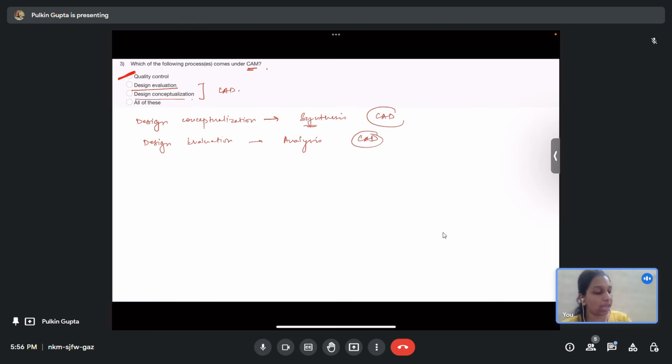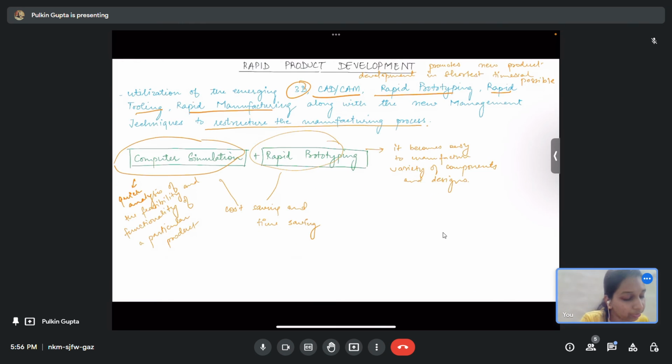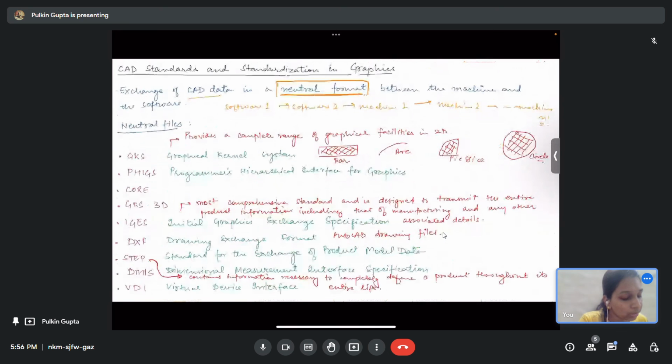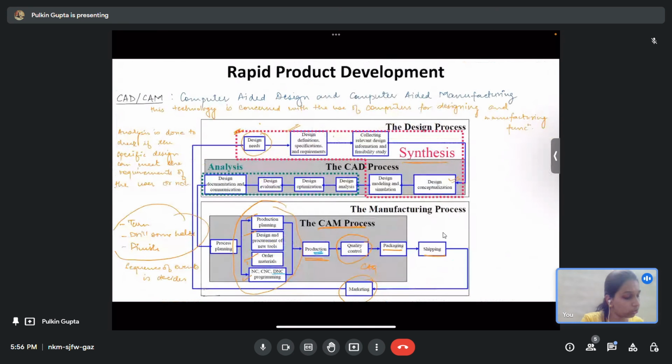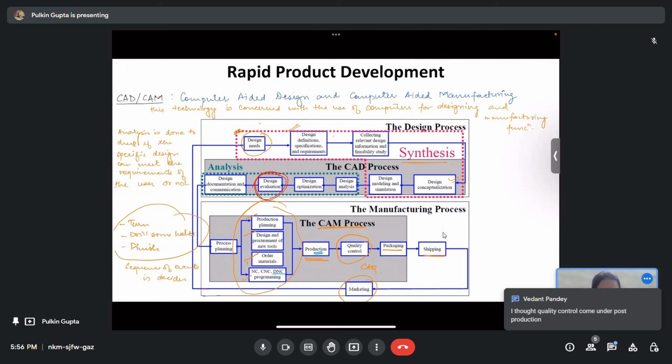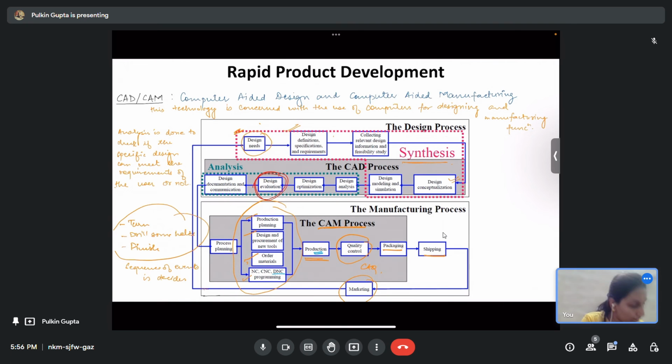So I think to clear the confusion, we can go back to the first slide. So their options were design evaluation, which comes under the analysis part. So you evaluate your design based on your simulations or analysis. You thought quality control comes under post production. I'll come to that.